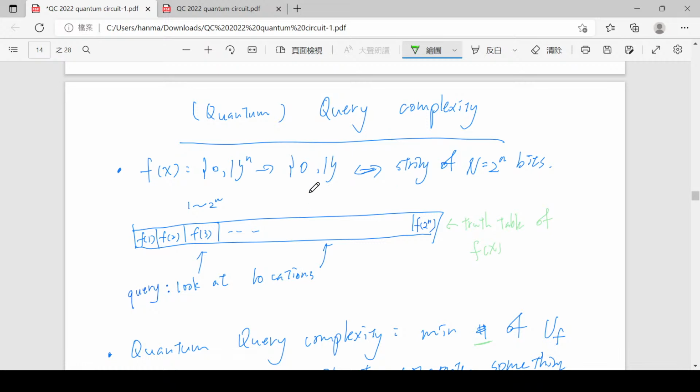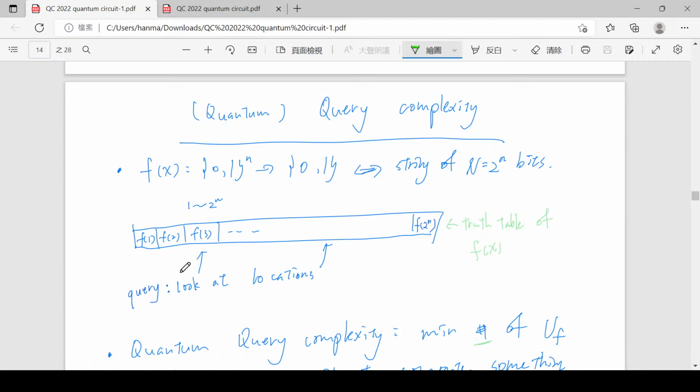As we see, we have been thinking about some black box function f of x that represents your subalgorithm. And f of x, as we say, we usually think of as a Boolean function, mapping a small n-bit string to 1 bit.